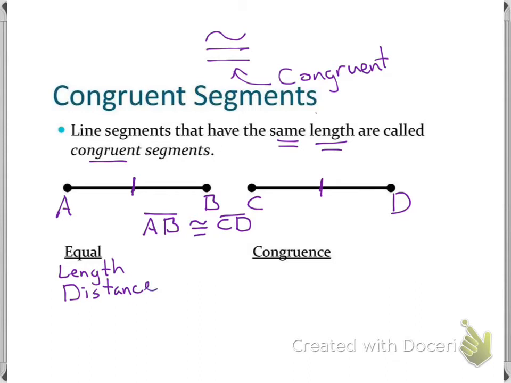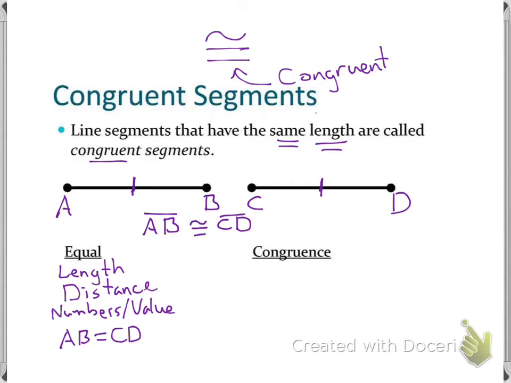And if we're doing that, I'm going to say it's inches, feet, centimeters, miles. Then it's really going to be numbers or values. There's an actual something we can put to it. And when I do that, I'm saying that AB, its distance, is equal to CD.